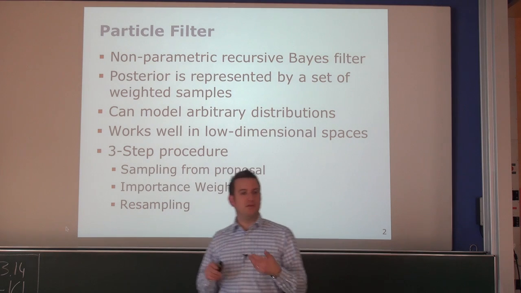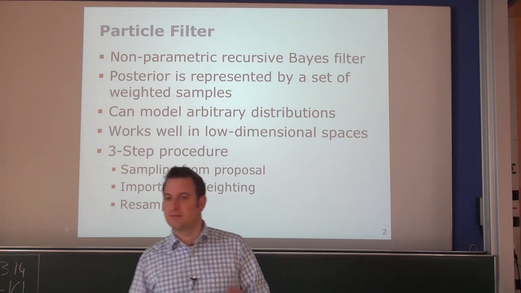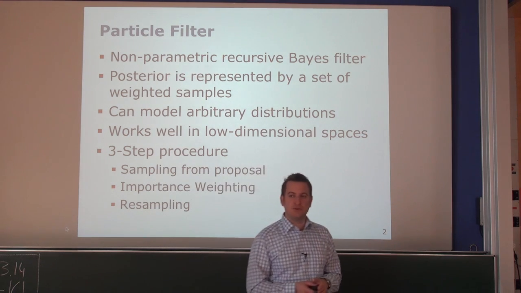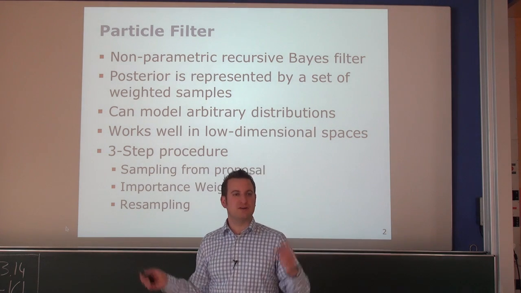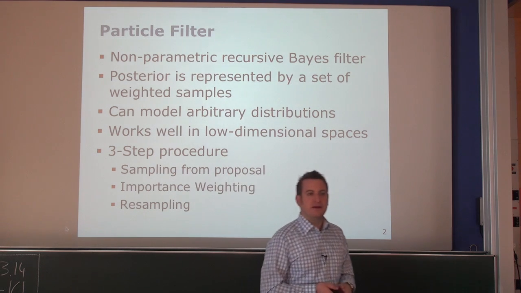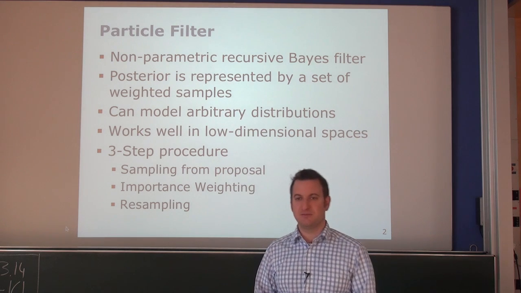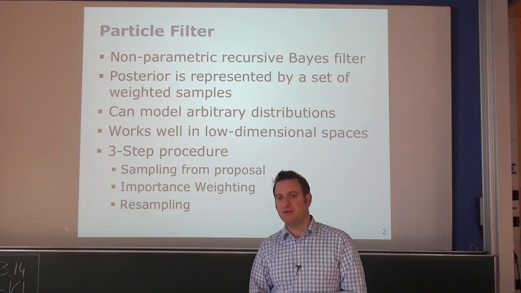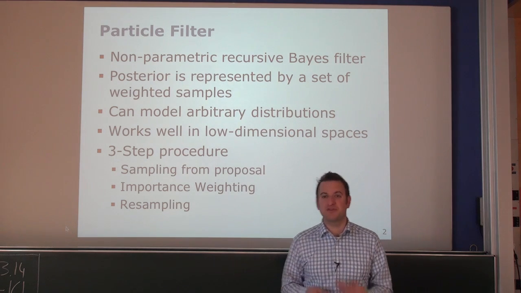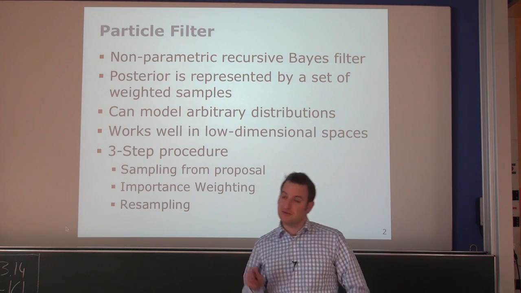Therefore, these approaches work well in low-dimensional spaces, 3, 4, 5, 6 dimensions, something along these lines. But they do not work well in, say, 100-dimensional spaces. That's one of the problems of the particle filter, that it gets computationally so inefficient because I need such a huge number of samples that the approach simply doesn't scale to higher dimensions, at least not in its standard direct form.